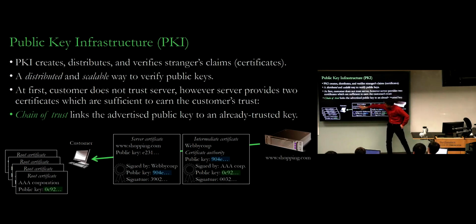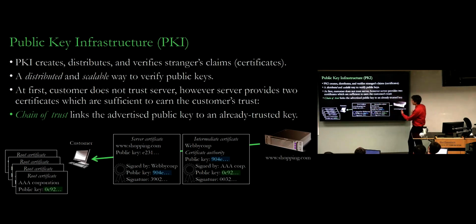So whatever is written here is hashed, and that hash is encrypted using the private key of WebbyCorp. WebbyCorp is something I made up, which is the intermediate certificate authority. So WebbyCorp has signed shopping.com's certificate, provides a signature, and WebbyCorp's public key. This so far doesn't mean anything to us because we don't know who WebbyCorp is either.